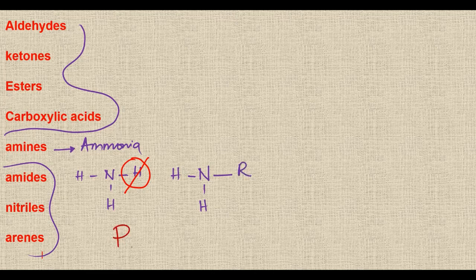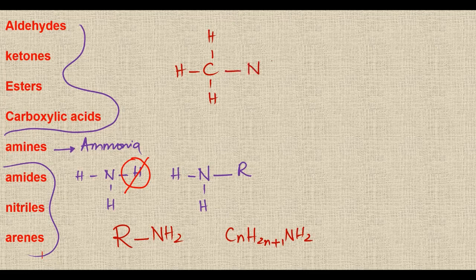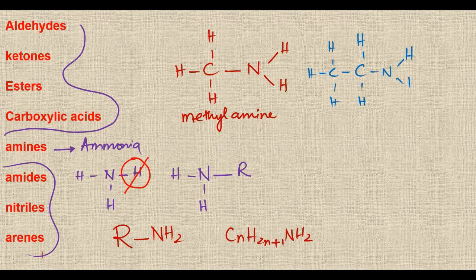So the general formula for amine is RNH2, or CnH2n+1NH2. A common example of an amine is CH3NH2, which is a methyl attached to NH2. This is named methylamine. Looking at another example, if an ethyl is attached to an amine, this compound is called ethylamine.